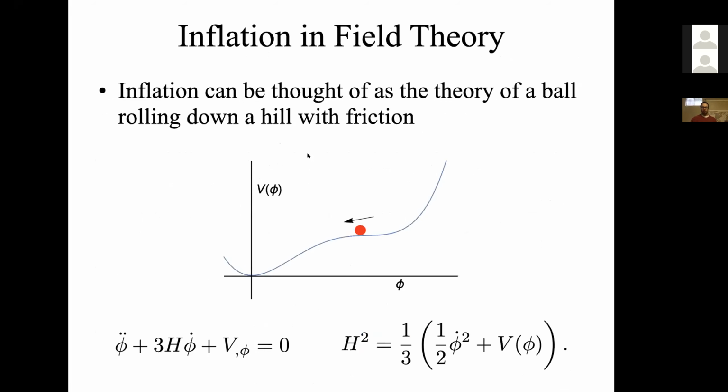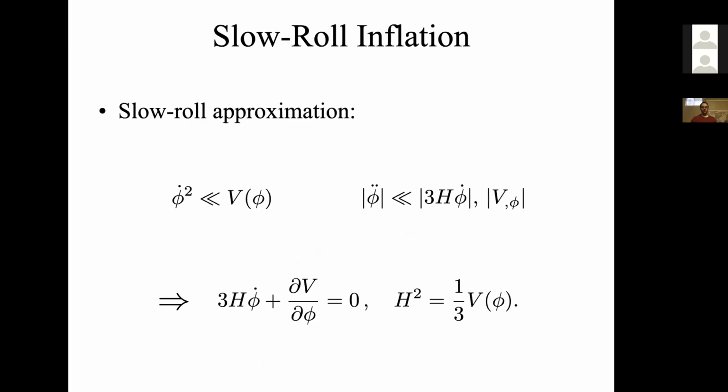In field theory, it can be thought of as simply the theory of a ball that's rolling down a hill with friction. The equation of motion is exactly the equation of motion for a ball with friction. And here, the friction term, H, is set by the sum of the kinetic energy and the potential energy of this ball. Inflation occurs when the ball is rolling slowly, in other words, when the slow roll approximation is valid.